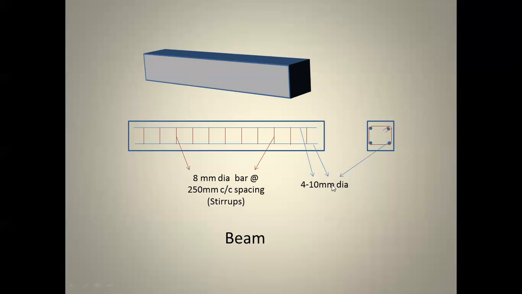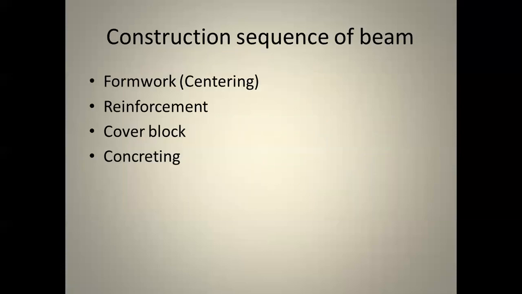And one more thing is, the diameter of the main reinforcement of a beam should not be less than the diameter of the main reinforcement of the slab. That is because the load of the slab will be transferred to the beam, and it will be transferred to the column. So the diameter should not be less than the diameter of the slab.